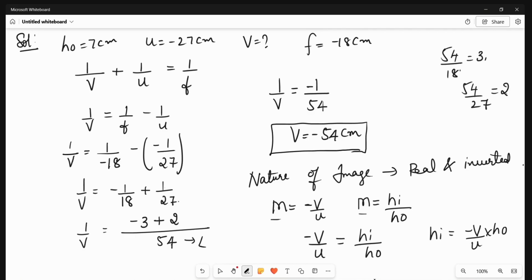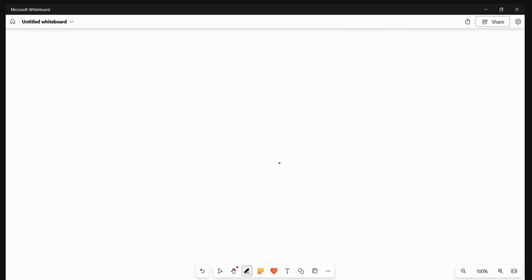Both are indicating magnification only. Because I want hi and they have not directly given the magnification m, that's why I have written it. So minus v by u is equal to hi by h naught, or height of the image is equal to minus v by u into h naught.